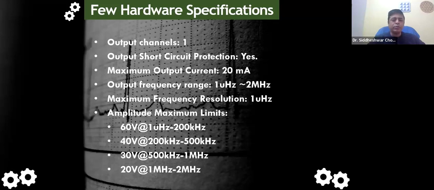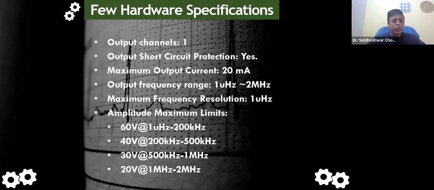Maximum frequency resolution is 6 decimal places. That means 1 microhertz. That is your frequency resolution. Now, as per the change in the voltage, how you select the voltage levels, intensity 1, 2, 3, 4, 5, you have different frequency ranges.